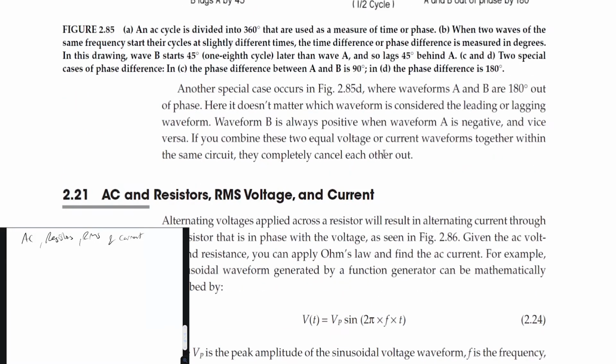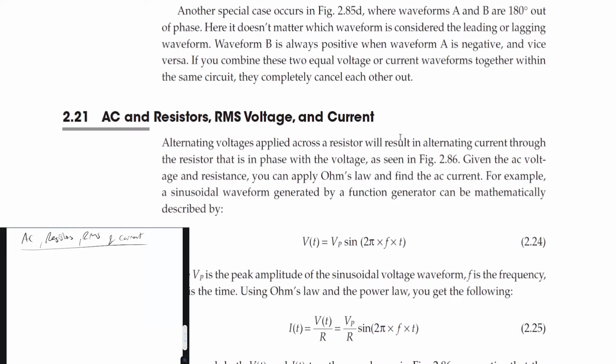Okay, so how can I turn this into notes? AC voltage across a resistor equals AC current.